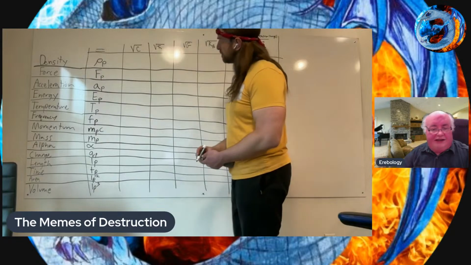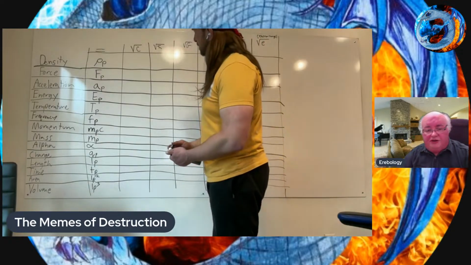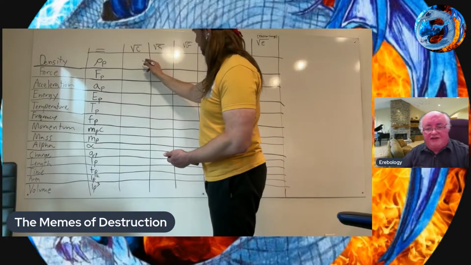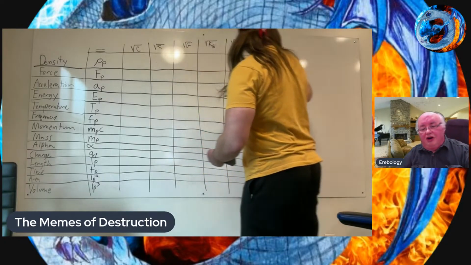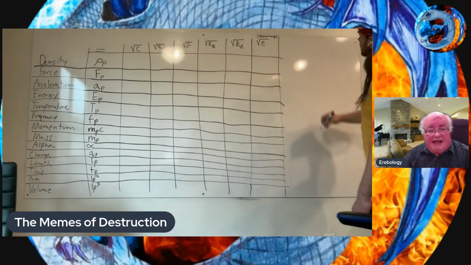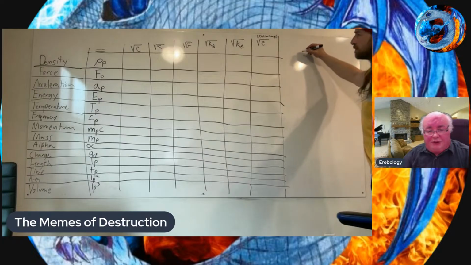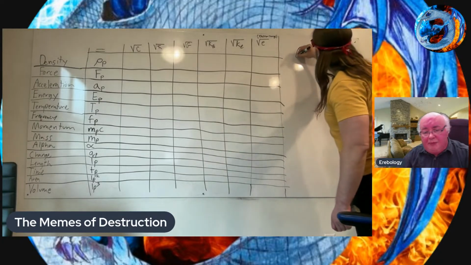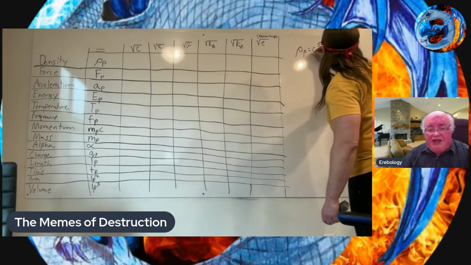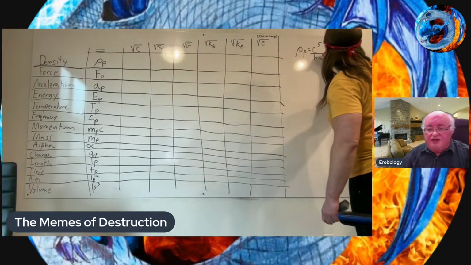Now in that blank area to the right hand side of the table, all the way over, I want you to write down this expression: rho sub p equals c to the 5th power divided by h bar g squared.